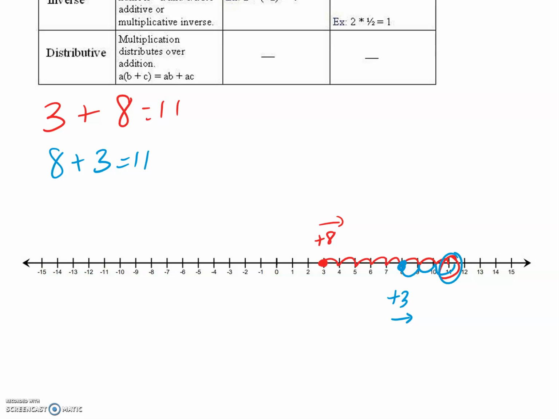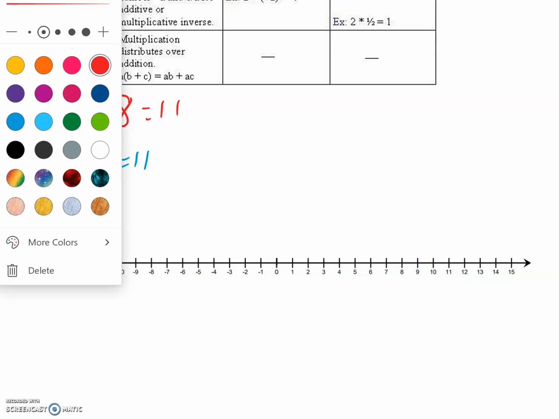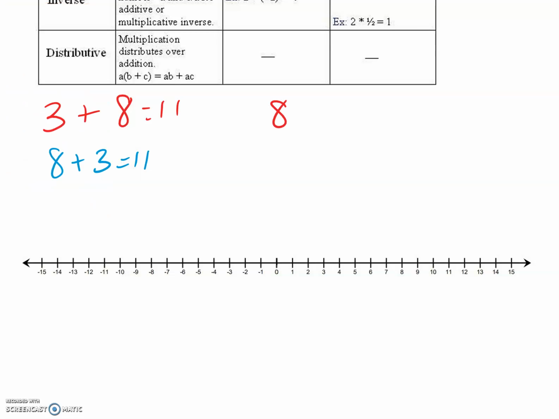So you would think that this would work for subtraction, right? Well, let's see. Let's use these same numbers. I'm going to clear my number line. Let's start with 8 minus 3. So we're starting at 8 and subtracting 3, going to the left 3 units: 1, 2, 3, and I'm at 5.